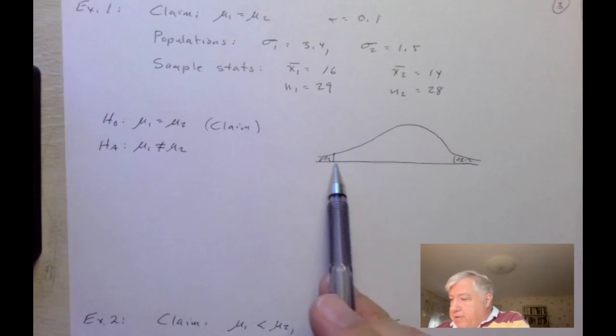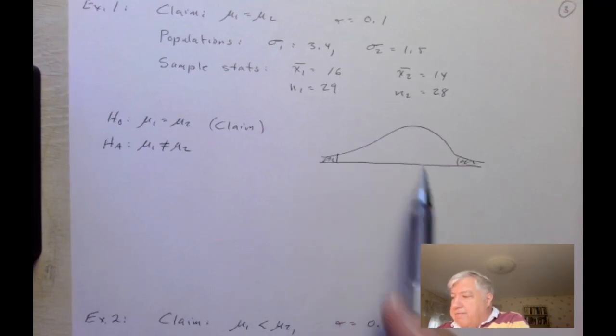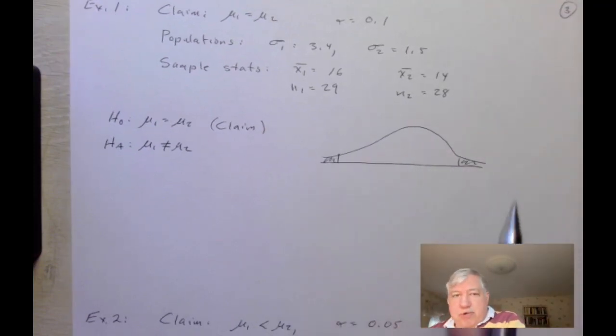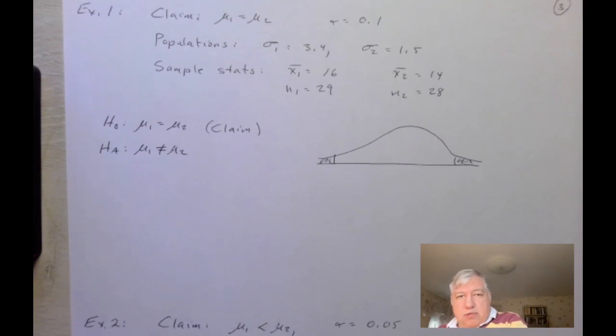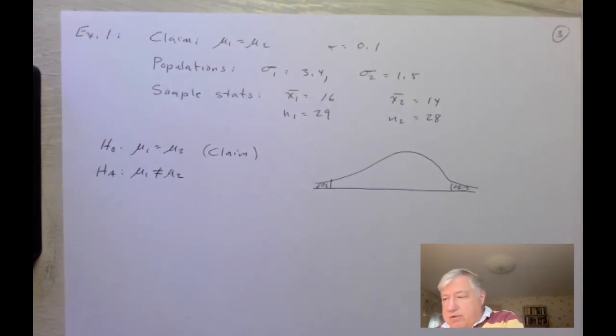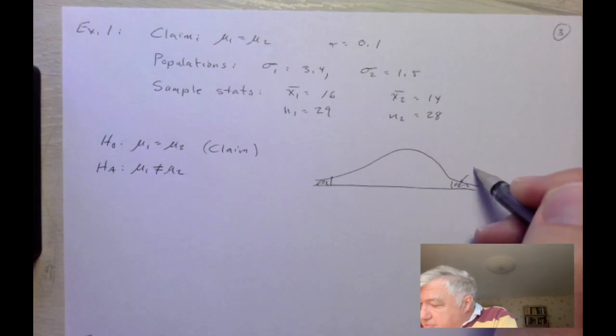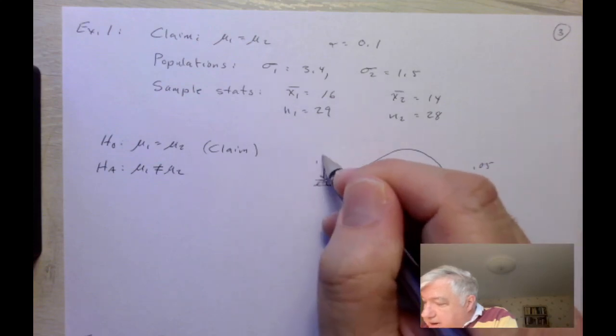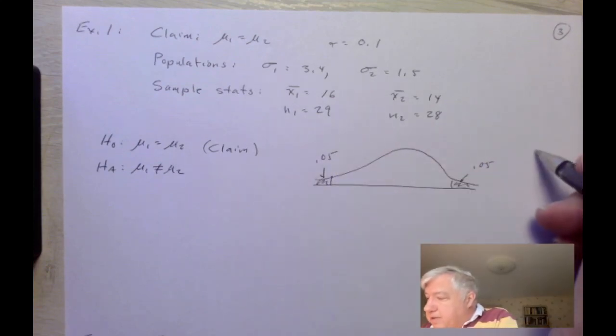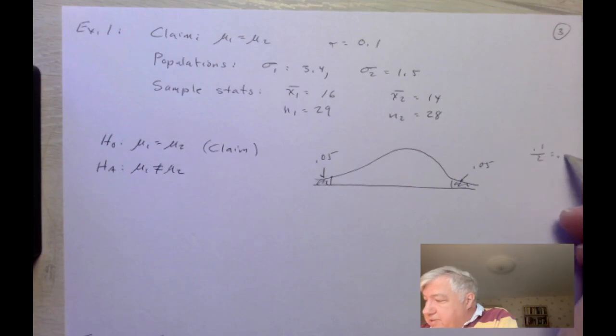We remember how this works: the combined shaded regions equal our level of significance. So this is 0.05 and this is 0.05, because 0.1 divided by 2 is 0.05.